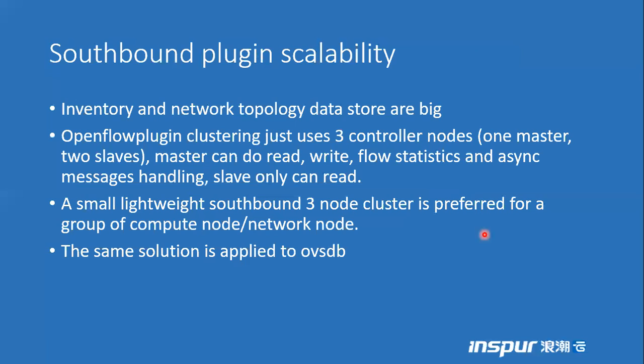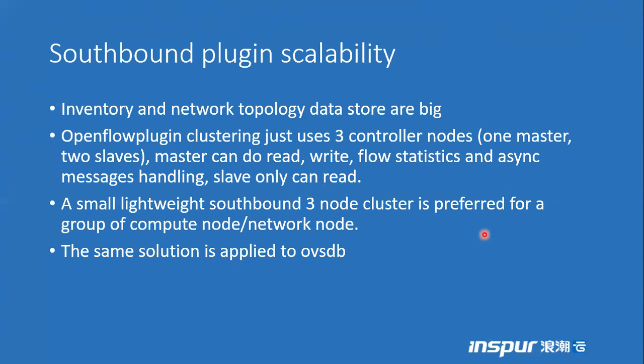In OpenFlow plugin cluster design, actually, OpenFlow plugin also uses clustering. It's different from ODL clustering. Actually, in OpenFlow plugin cluster, generally we have 3 nodes there. One is master, 2 are slaves. Master can do read-write inventory store and do flow statistics and handle asynchronous messages from southbound device.